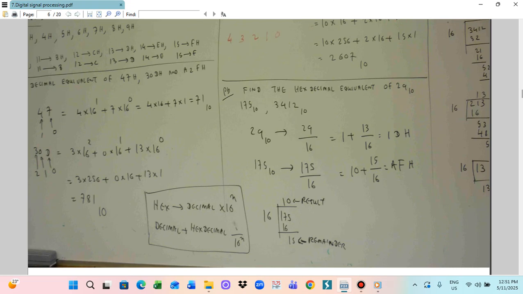So there are two things: hexadecimal to decimal conversion is multiply with 16 power n, and decimal to hexadecimal is divided by 16. So this is for the hexadecimal to decimal conversion.